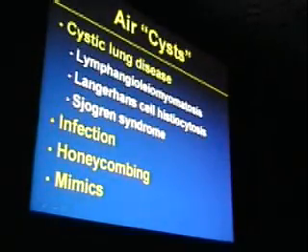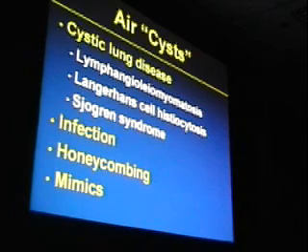Moving forward to air-filled cysts, this patient obviously has a lung parenchyma full of thin-walled, air-filled cysts. Here, really innumerable cysts scattered throughout the lung parenchyma. Now, when we see air-filled cysts on high-resolution CT, there are really a few things that we should think about. One would be the so-called cystic lung diseases, of which lymphangiomyomatosis and Langerhans cell histiocytosis are the best known.